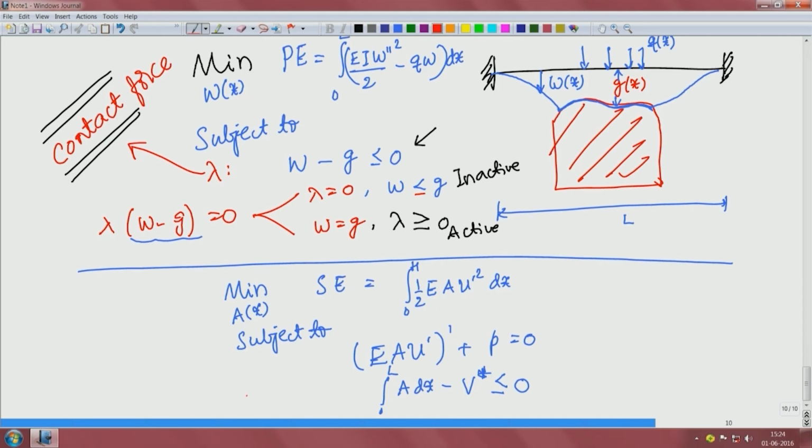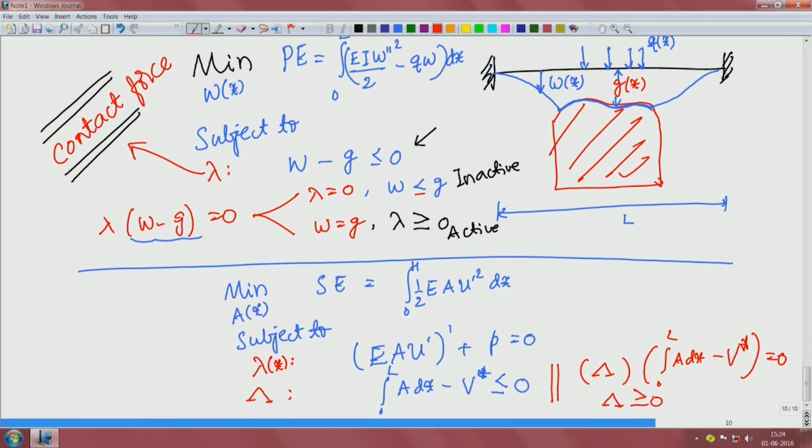Whenever we put an inequality, there is a corresponding multiplier. Here it is lowercase lambda of x; we use a lowercase Greek letter for a function and an uppercase Greek letter for an unknown constant. Whenever you have this, here also we can write the complementarity condition: lambda times the constraint, the integral from 0 to L of A dx minus V star, equal to 0, and lambda is greater than or equal to 0.